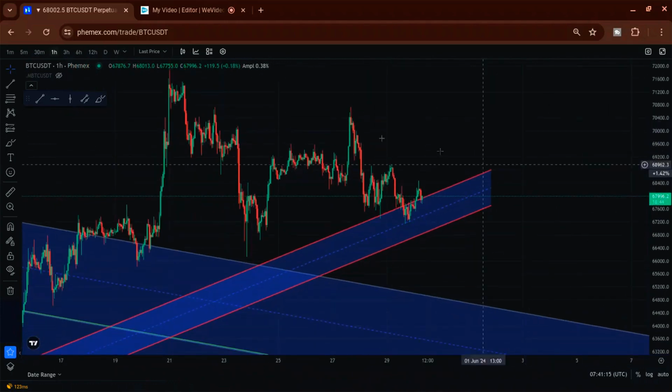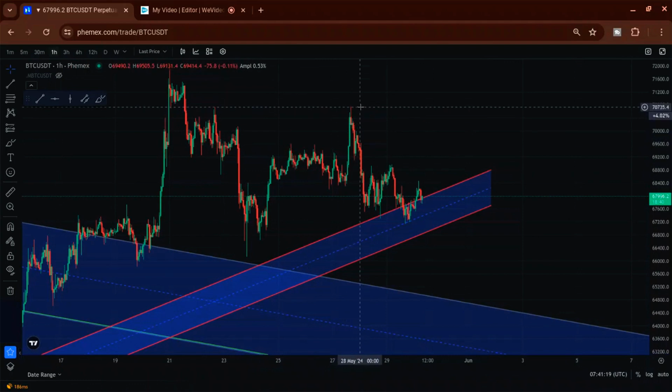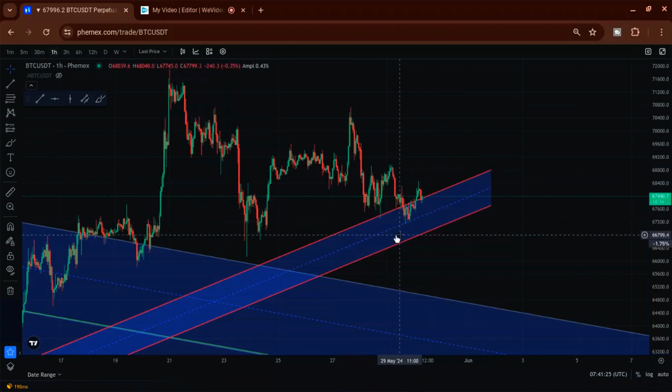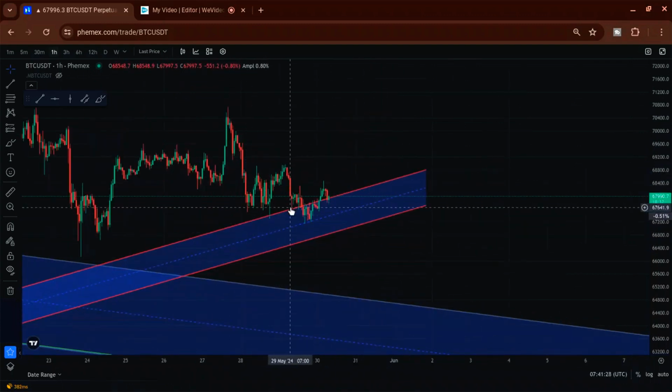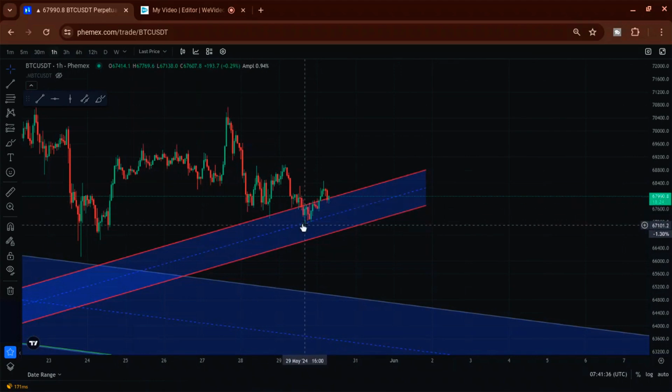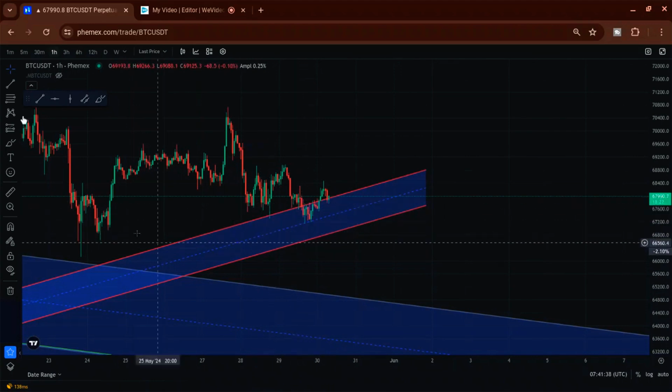But as I said, maybe it does come up a little bit, and it came up a little further than I thought, to 70,735. It crashed right back down and tested the top of the red line. Long story short, it tested it once, twice, on the hourly chart three times. On about the fourth or fifth time, boom! It broke down, and look at that, right off the heart line.